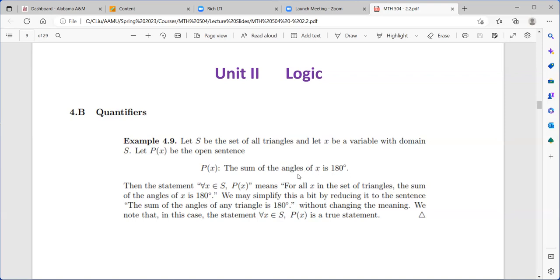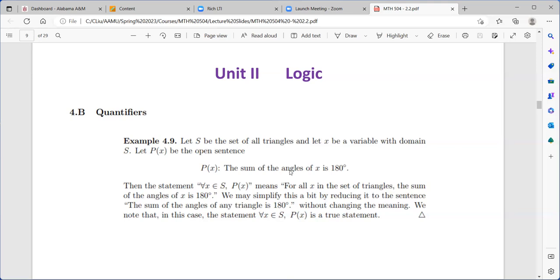So that's true. Essentially, you can just say the sum of the angles of any triangle is 180, and that's obviously true.